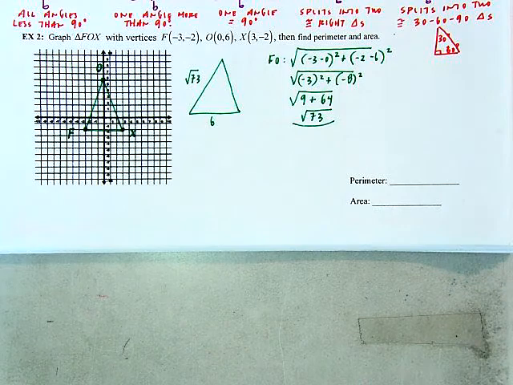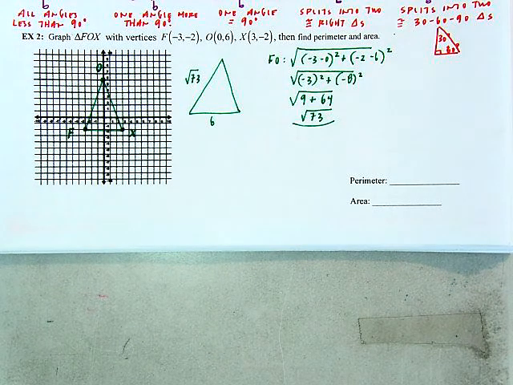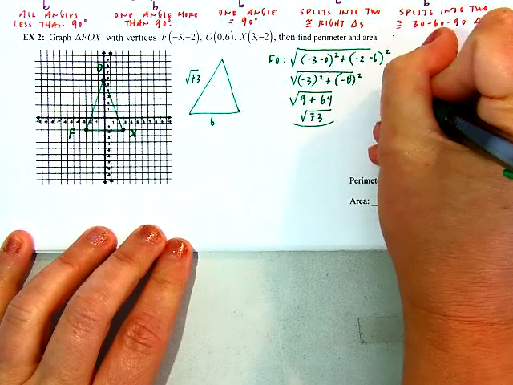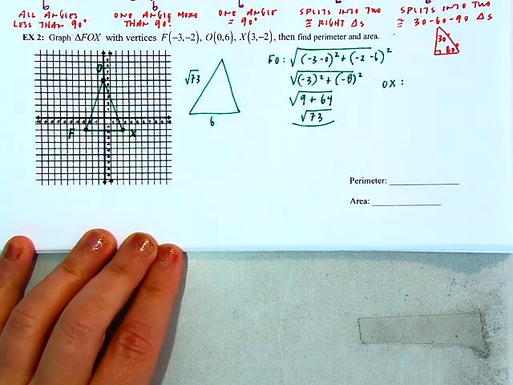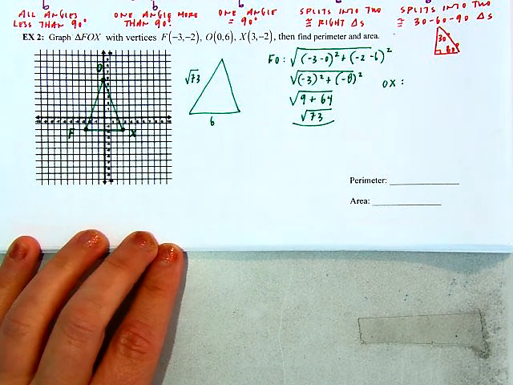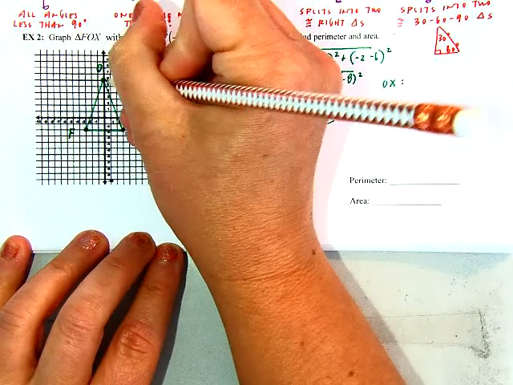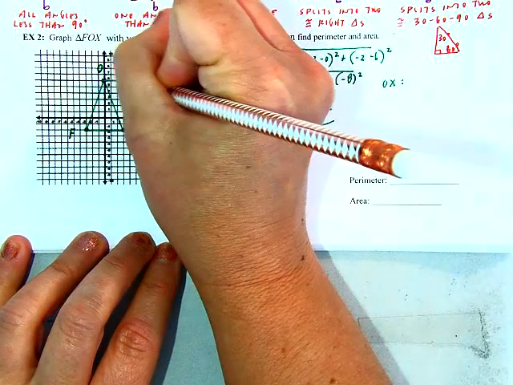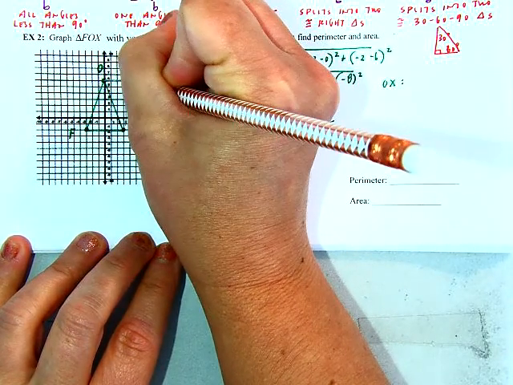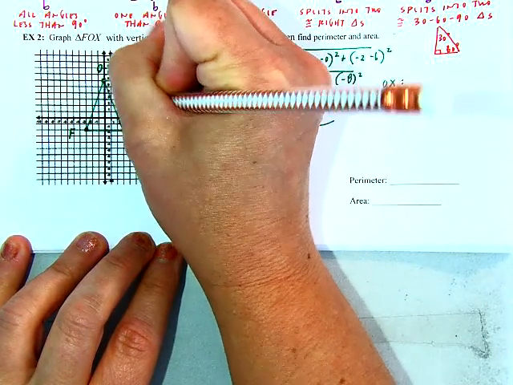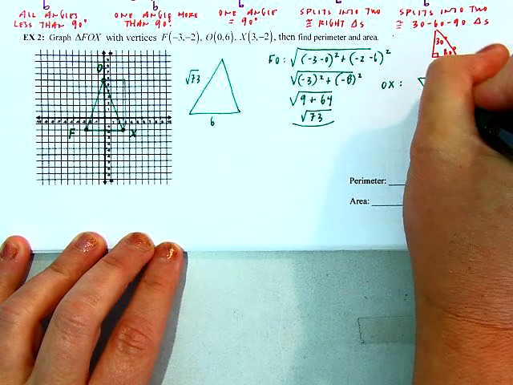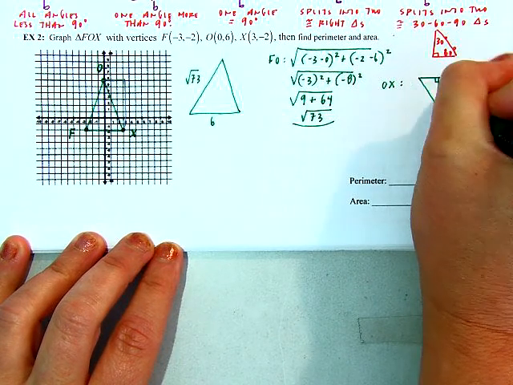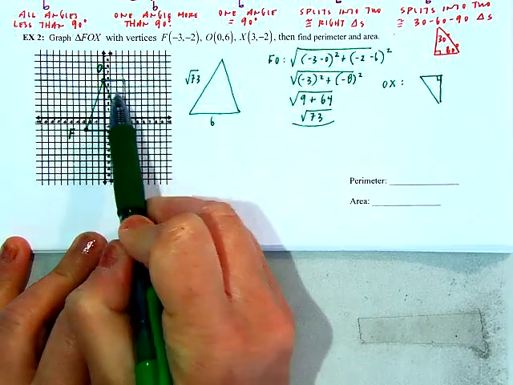Then if I'm looking at OX as well, let's say I do that a different way. I'm picturing this right triangle right here. If I picture that right triangle, I'm trying to find the hypotenuse. So what's this span?